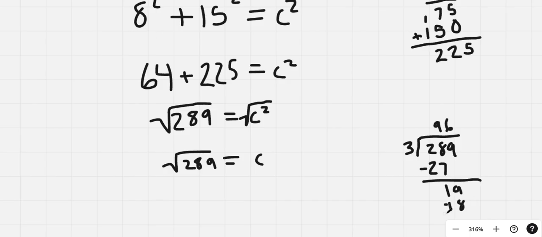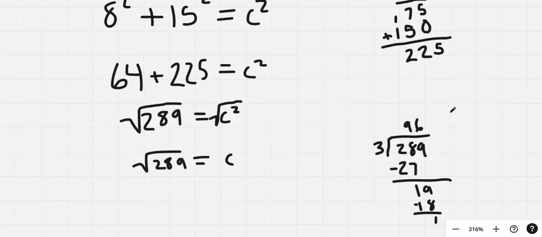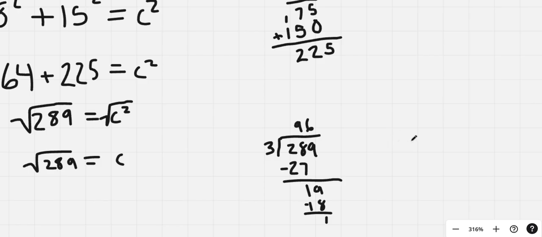So 3 is not a factor of 289. Let's see, what about 9? Is 9 a factor of 289? We know an even number doesn't go into 289. 9 goes into 28 3 times. 3 times 9 is 27. Oh, we're back in the same boat. 9 goes into 19 twice.